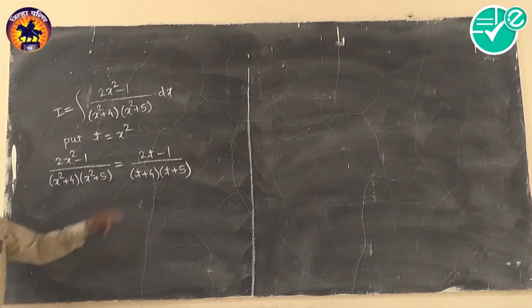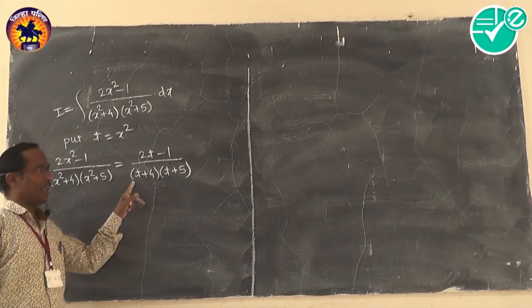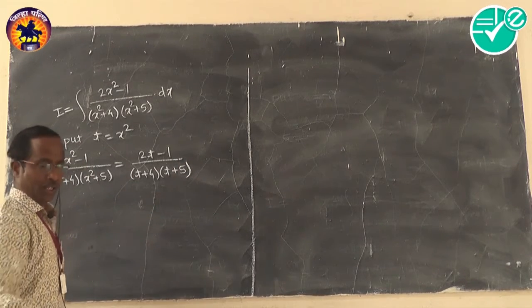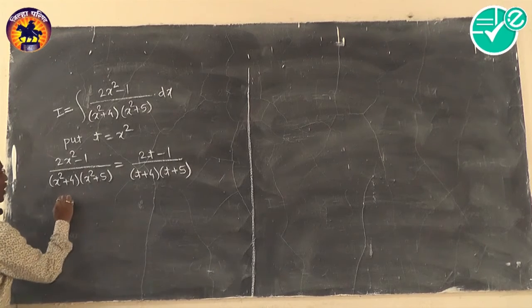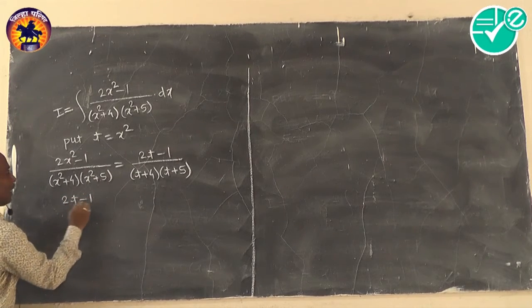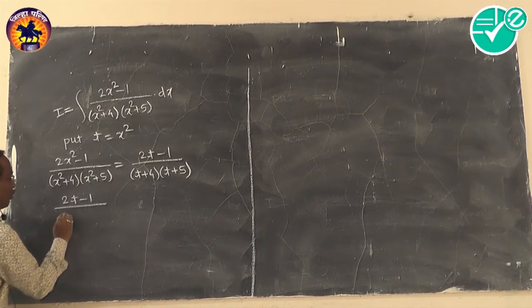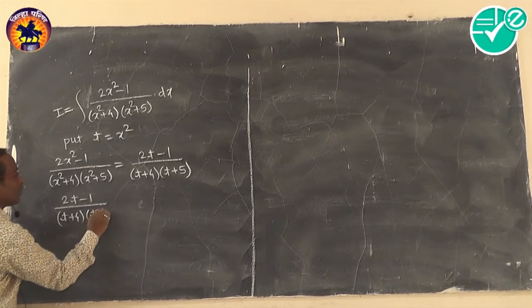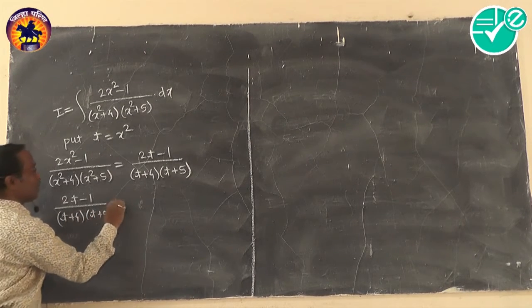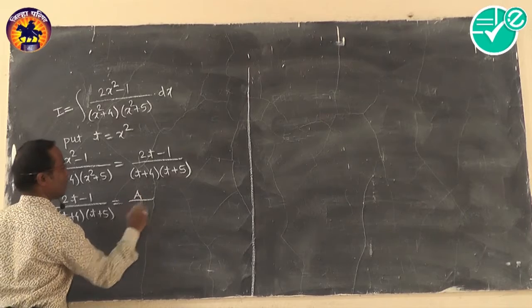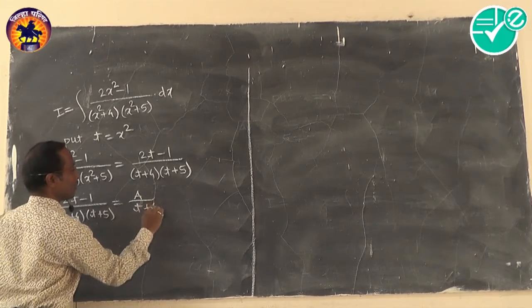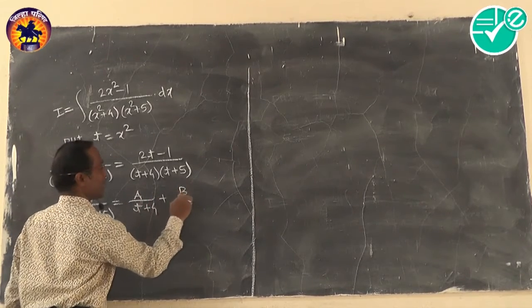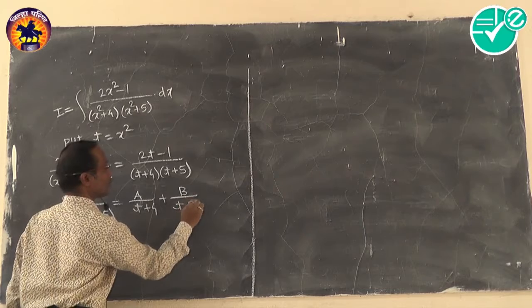So this is in the form of non-repeated linear factors. Now we want to solve this example. 2t minus 1 upon t plus 4 into t plus 5 is equal to a divided by t plus 4 plus b divided by t plus 5.